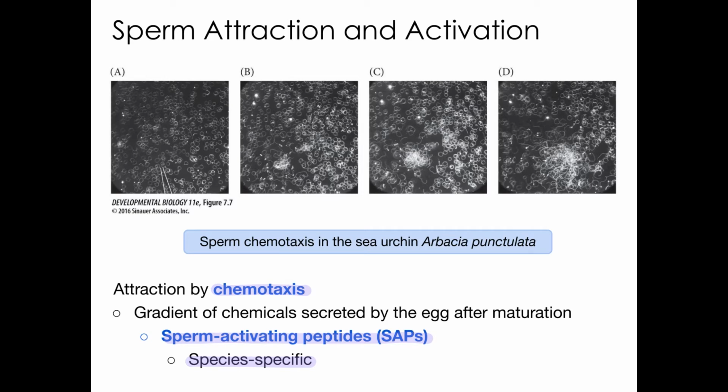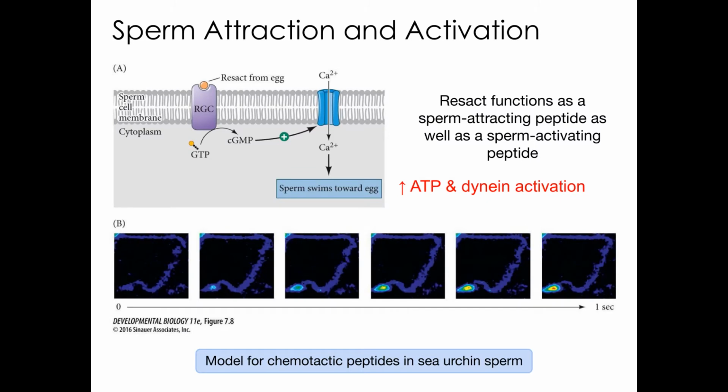So the SAPs play a role in helping the sperm reach the egg. These sperm-activating peptides, or SAPs, bind to receptors on the membrane of the sperm, and the name of this particular SAP is Resact. The names vary depending on the species. The binding of the sperm-activating peptide to its receptor leads to the opening of calcium channels, and these calcium channels are known as CatSper.